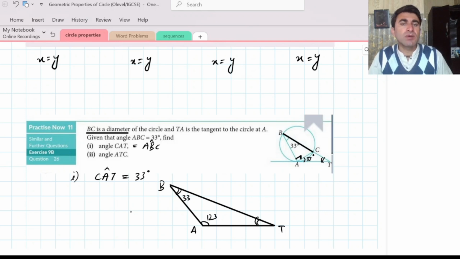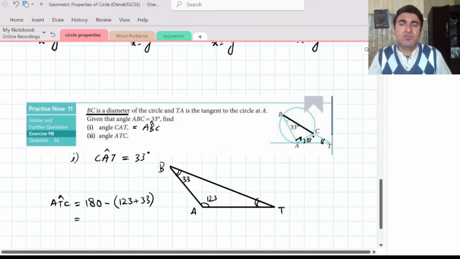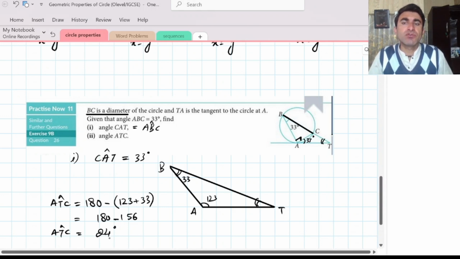As we know two angles of the triangle, we can directly find the angle ATC by subtracting their sum from 180 degrees. 180 minus the sum of 123 and 33. As we add, it is 180 minus 156, and after we subtract it is 24 degrees. So angle ATC for this practice now was 24 degrees.